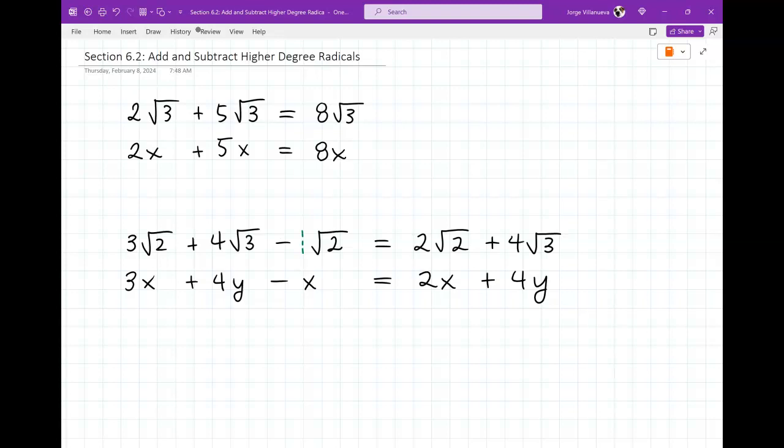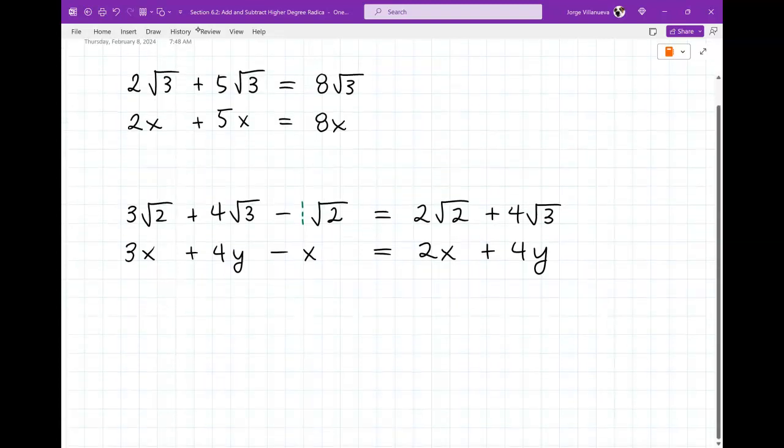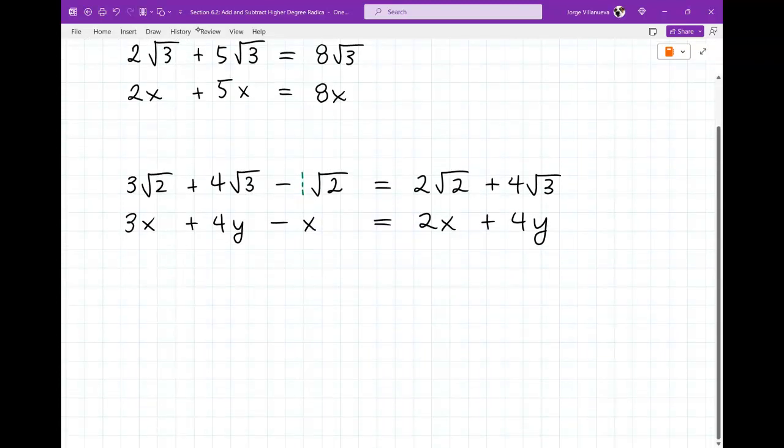The only thing that's different is that you may have to break down the radical to make things match. They don't always match right away. So I'll show you one more random example, and then we'll get into some of the homework. If I were to ask you, what is square root of 8 plus, let's say, 5 square root of 2?